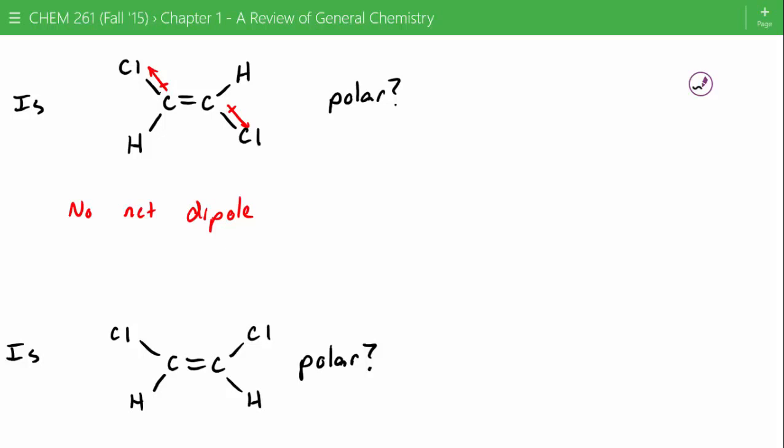Yeah, and the important distinction is this double bond, like we saw, can't rotate. It's locked into configuration due to those p orbitals. Both chlorines are pointing in the same direction, so the net dipole for this molecule is going to be additive in that direction, right? So the side with the hydrogens is going to have the partial positive. The side with the chlorines is going to have that partial negative.